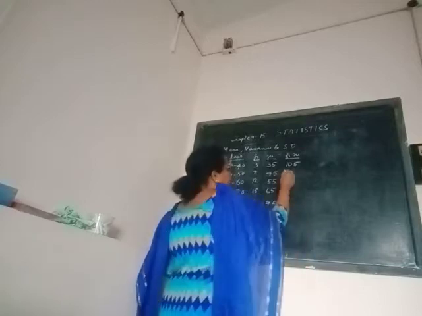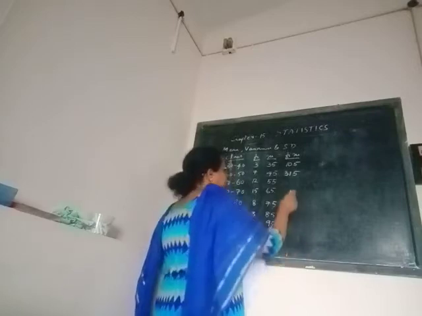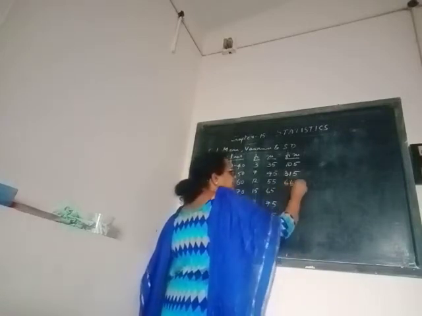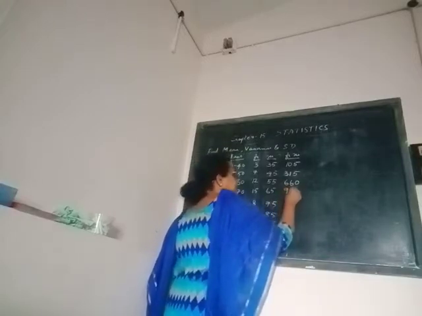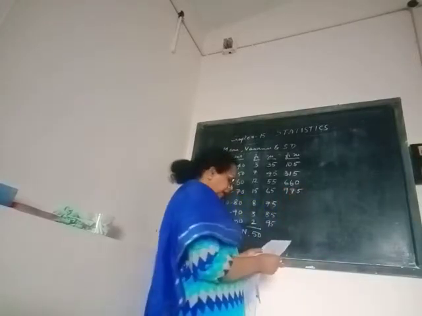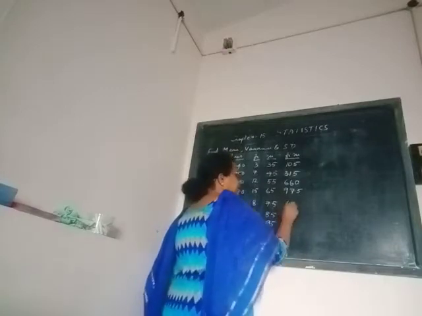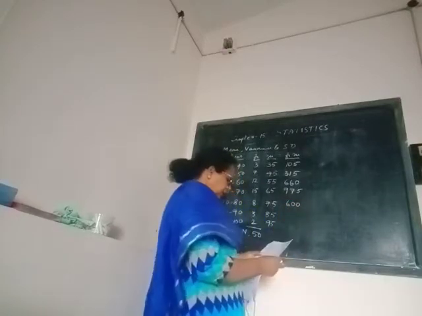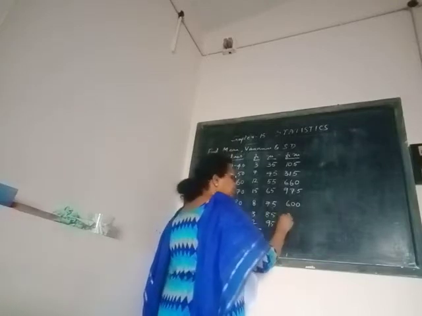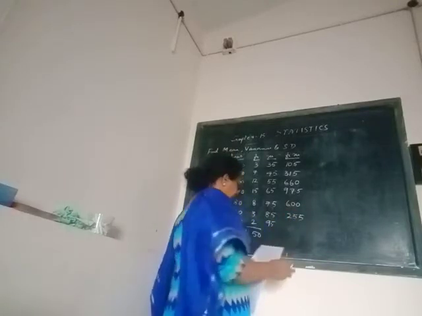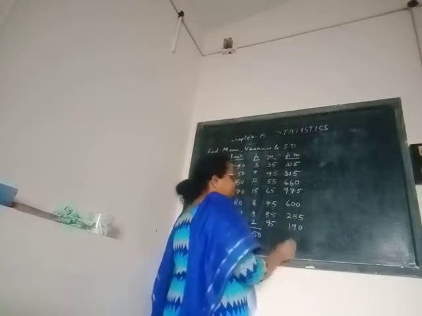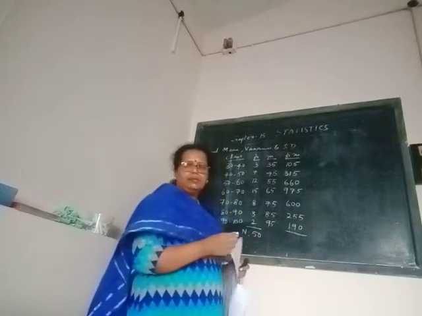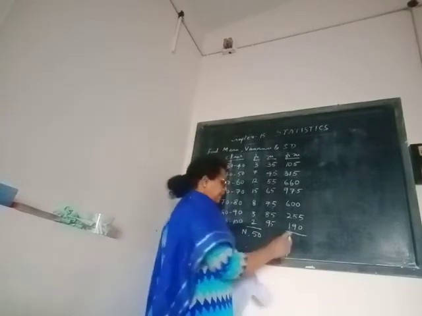Then 7 into 45, 315. Next is 12 into 55, 660. 15 into 65, 975. 8 into 75, 600. 3 into 85, 255. 2 into 95, 190. Find the sum of this column, sigma fi xi.